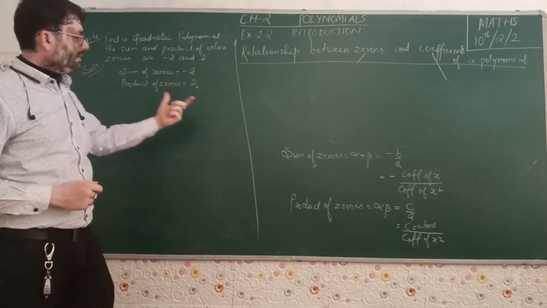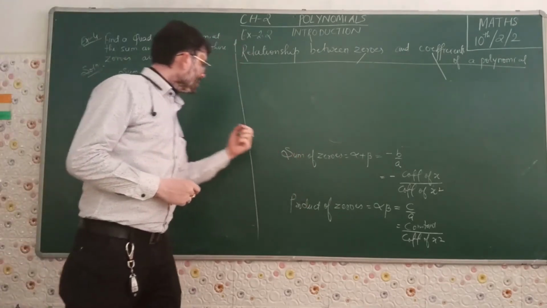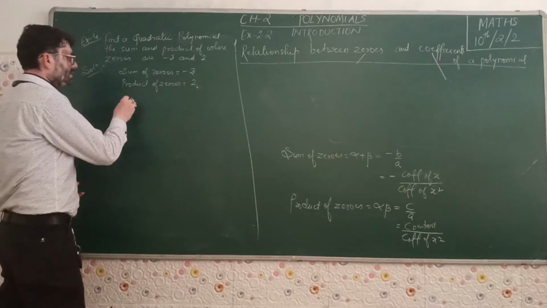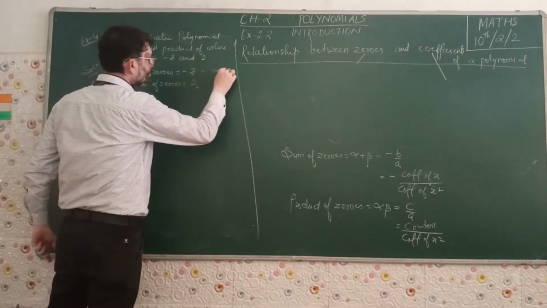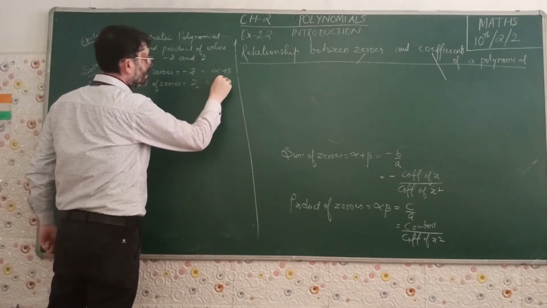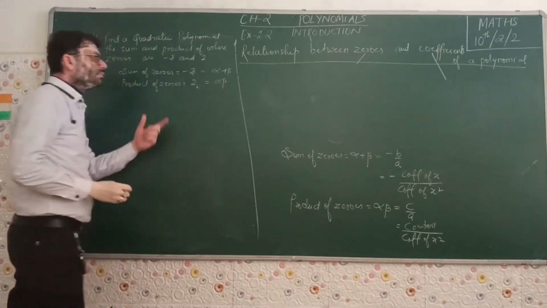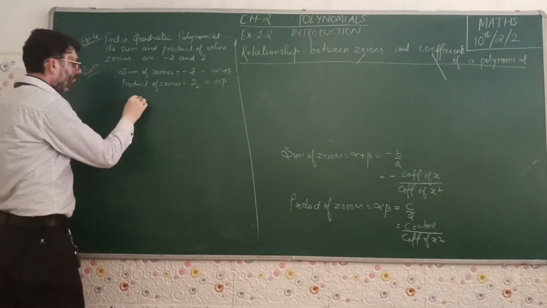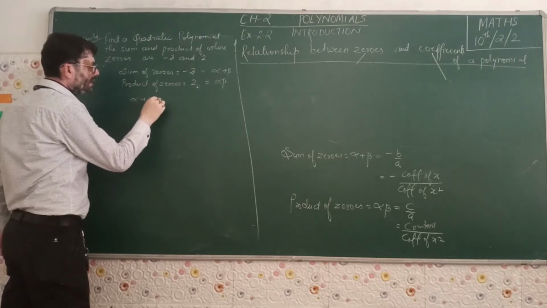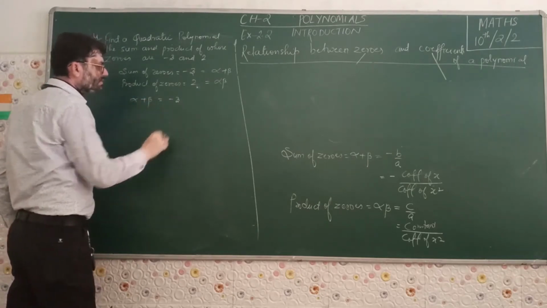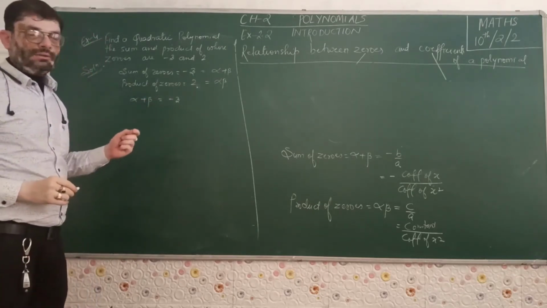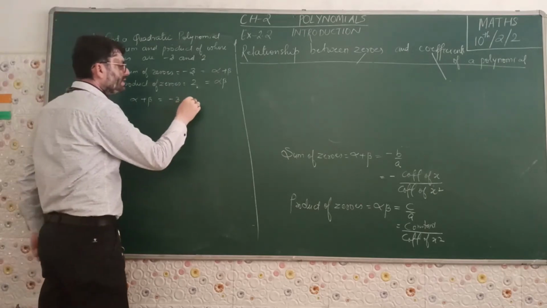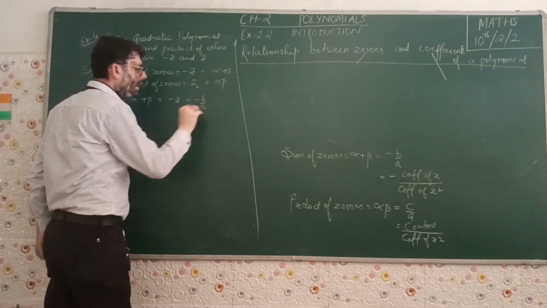Moving on with the same formulas that we have, sum of zeros, that means this is alpha plus beta, and this is alpha into beta. Let us move on one by one. Alpha plus beta is equal to -3, and we know alpha plus beta is -b by a.